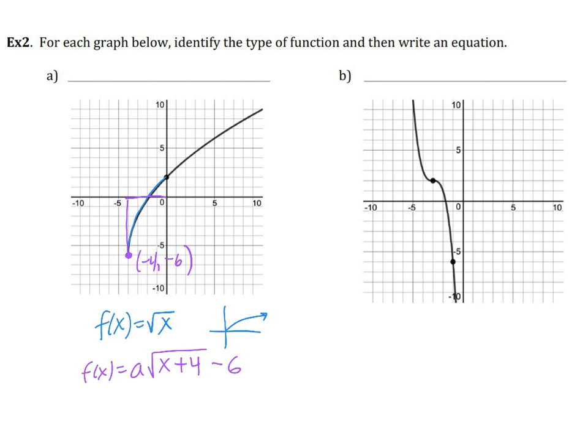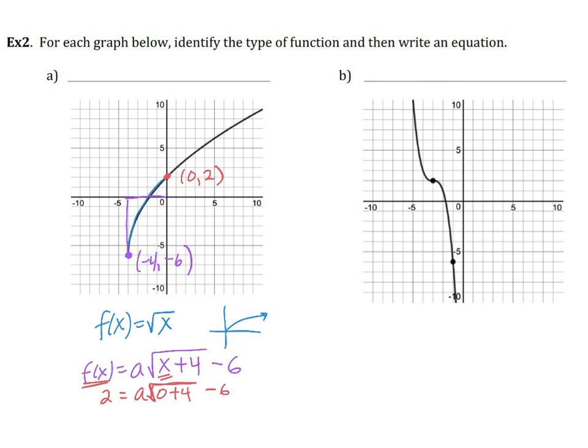Now this is the general equation of that function, but I need to find the a value. To find the a value, I'm going to use the point 0, 2. So when x is 0, y is 2, and that's going to allow me to solve for a.